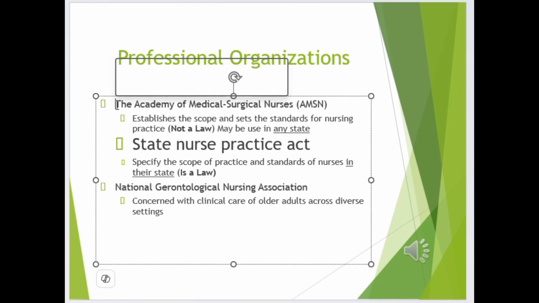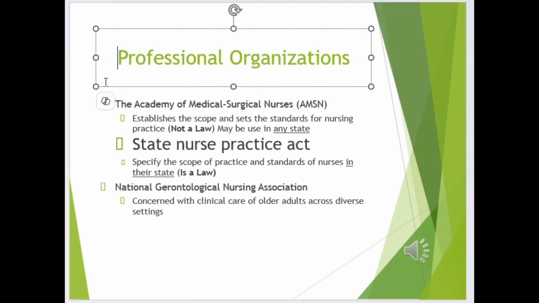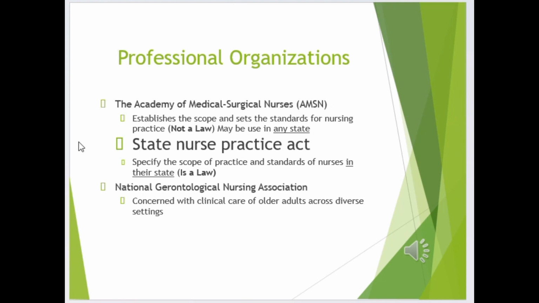So we have one organization that deals with the medical surgical areas, and the one that deals with suggesting what the scope of practice should be for elderly populations. Now those overlap because what do we have a lot of times in the hospital on the medical surgical floor? A lot of times it is elderly patients, right?